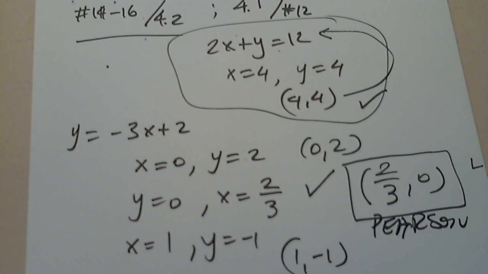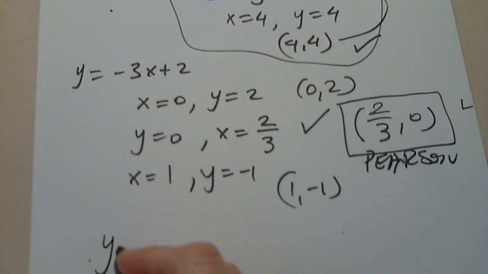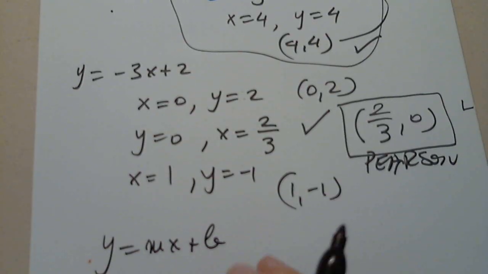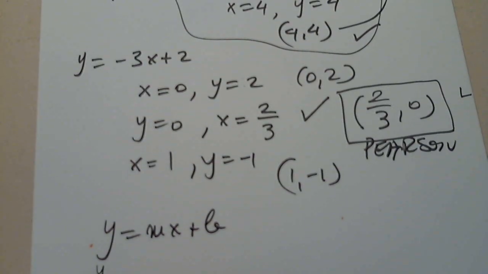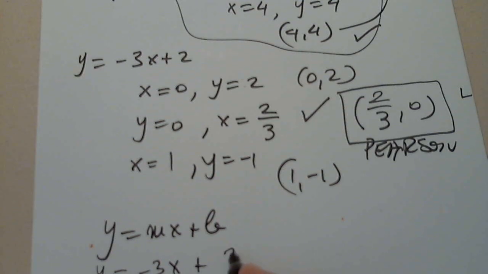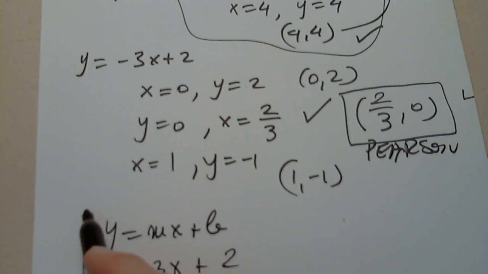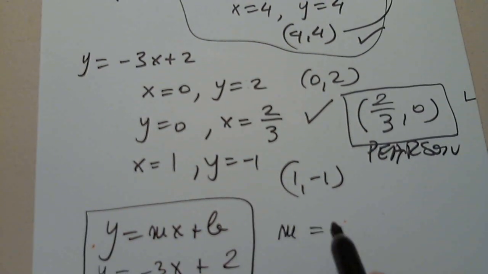Okay, so remember the equation y equals mx plus b. When we compare the two equations, can anyone now tell us what is the slope of this line?